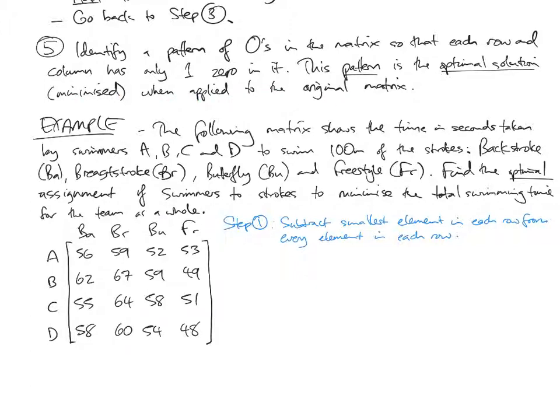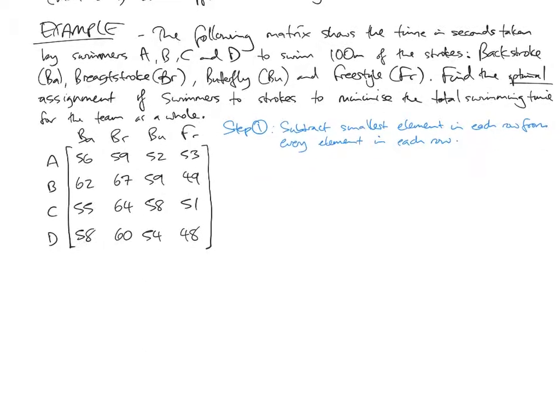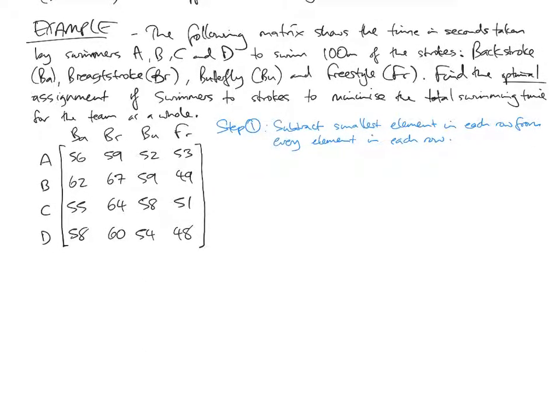Okay, so to show this, we're going to revisit the swimmers problem that we did by eye in the last video. The following matrix shows the time in seconds taken by swimmers A, B, C, and D to swim 100 meters of the strokes: backstroke BA, breaststroke BR, butterfly BU, and freestyle FR.